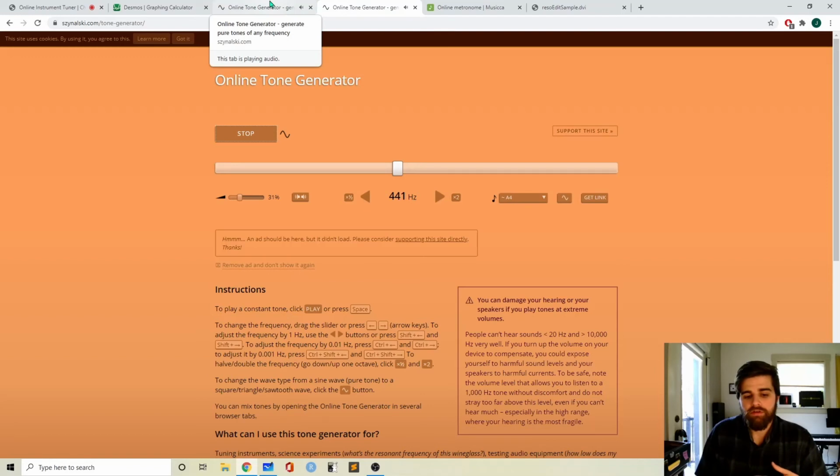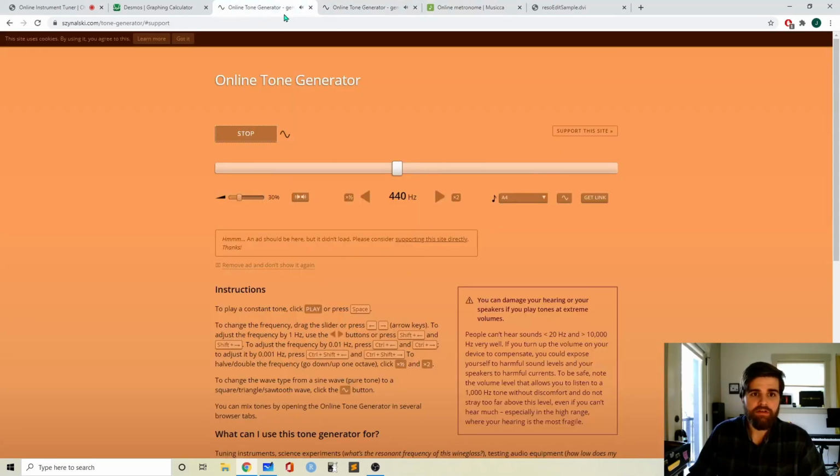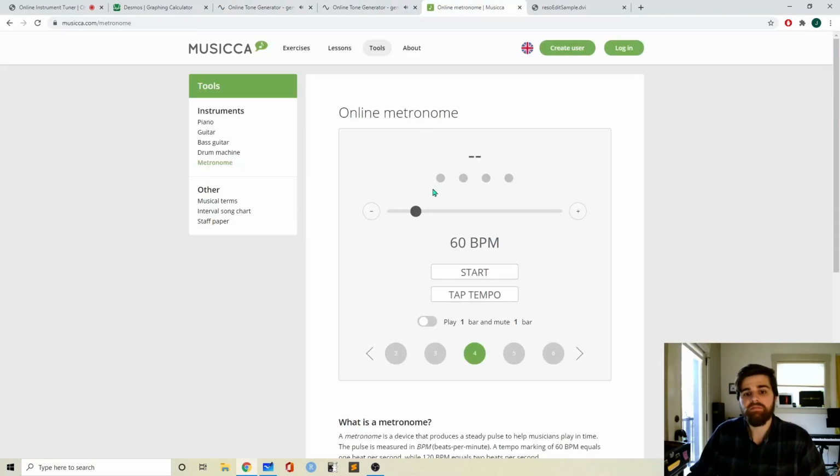So those beats we're hearing are actually marking out exact seconds. I can prove that by tapping out what I hear on this metronome. And we get exactly 60 beats per minute, or exactly 60 seconds per minute.